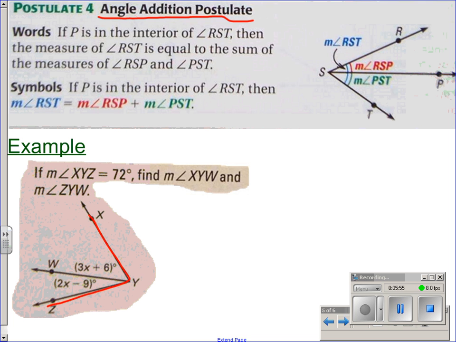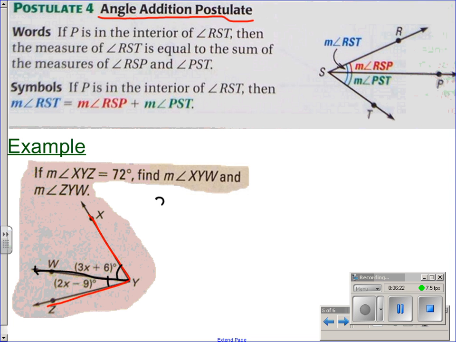The question wants you to find the measure of angle XYW and angle ZYW. So, angle addition postulate says, as long as you got one ray, YW, on the interior of a bigger angle, they all have the same endpoints. You take the smaller angle, add it to the other smaller angle, you get the entire larger angle.